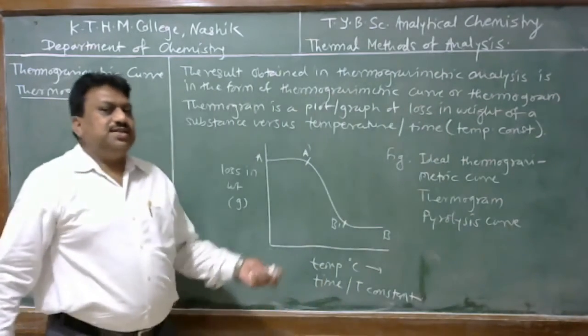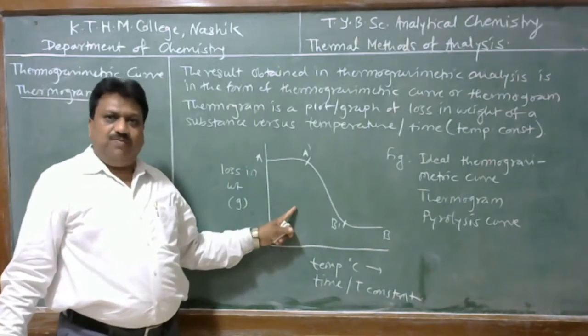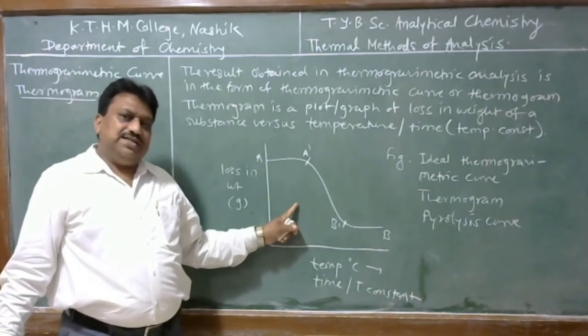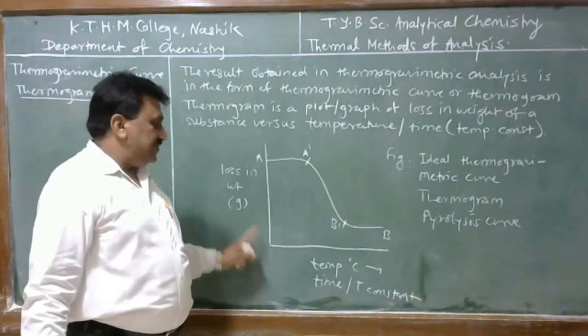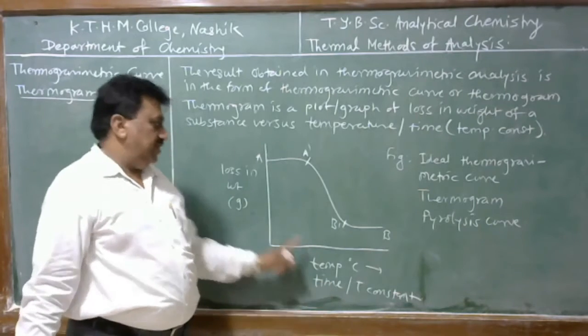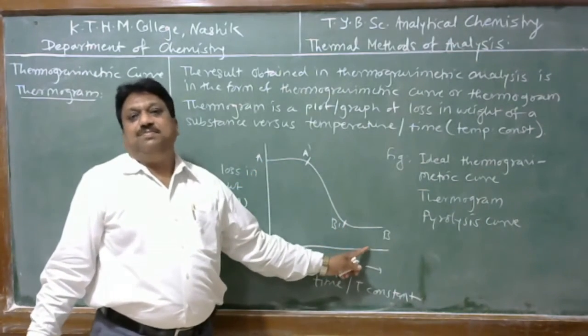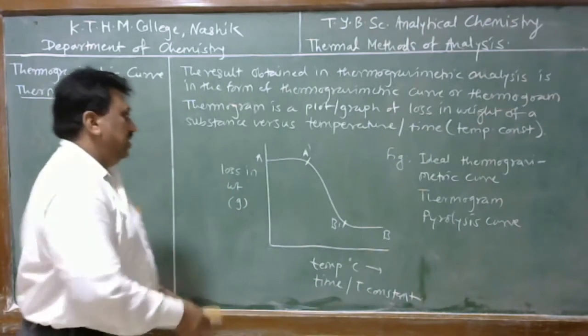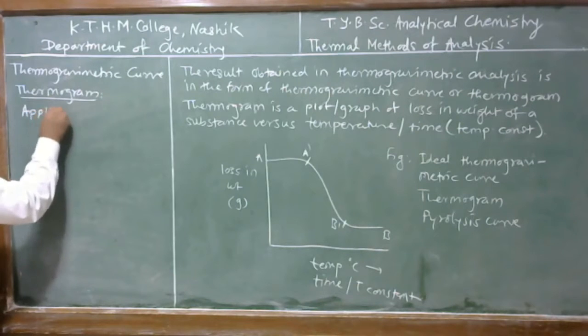Therefore, the total result obtained in thermogravimetric analysis is in this form. This is called a thermogram, which is a graph of loss in weight of a substance as a function of temperature. This thermogram is utilized for different purposes in chemical analysis. Therefore, the applications of thermogram.